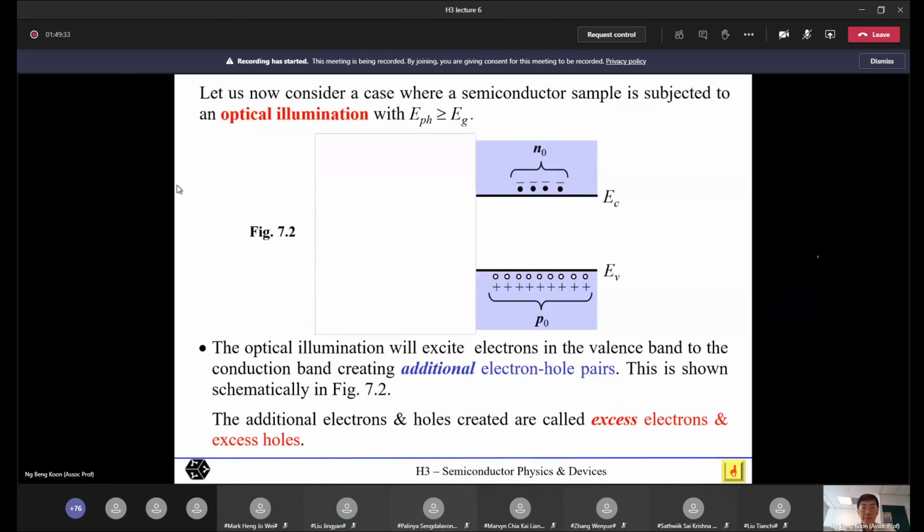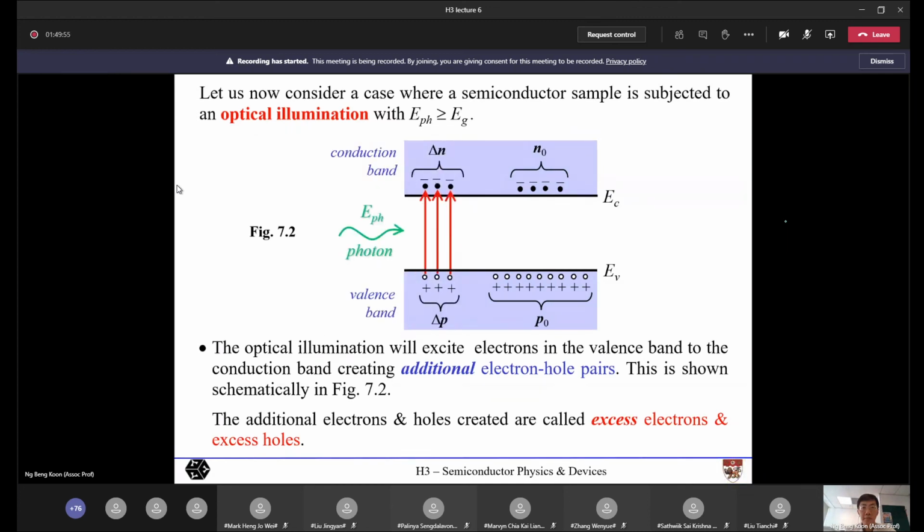So consider the case where you have a semiconductor under optical illumination now. Initially, let's say I have a semiconductor with concentration of holes as p naught and concentration of electrons as n naught. If I shine light on this semiconductor now, then this light illumination would promote extra electrons and holes to the conduction band. So it will introduce additional carriers, delta n, delta p.